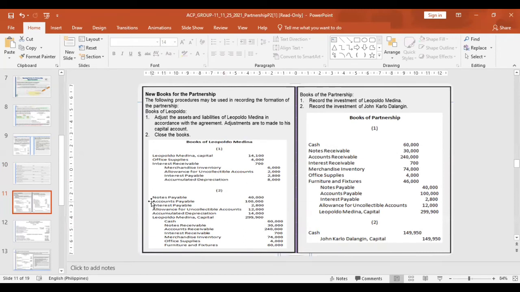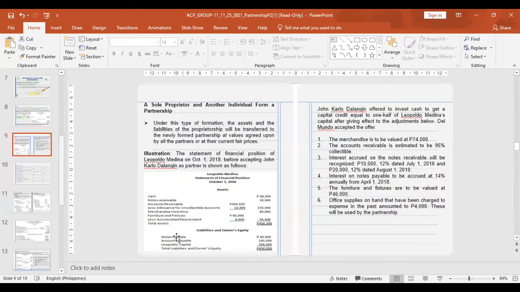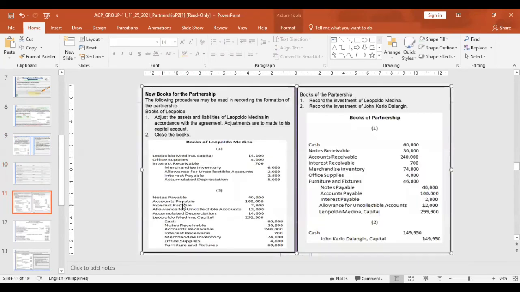And then ngayon naman, if na-adjust nyo na siya lahat, i-close mo siya. So, lahat ng naka-credit, so dito, lahat itong liabilities and owner's equity, i-debit mo siya. Then itong lahat ng asset mo, i-credit mo siya. So ganito ang mangyayari. Tingnan mo yung number 2. Yung notes payable, accounts payable, interest payable, i-debit siya para i-close yung libro.